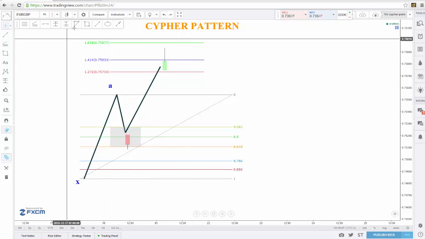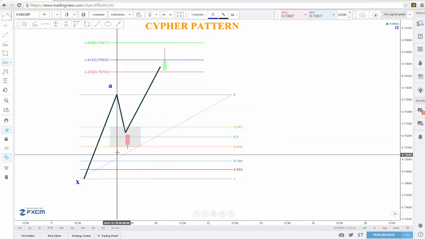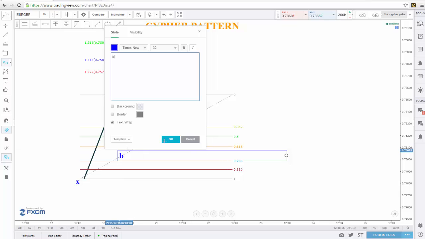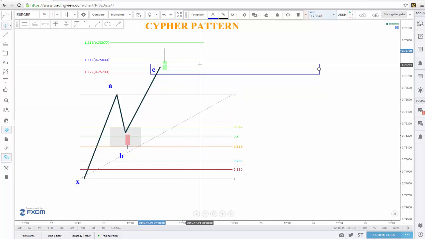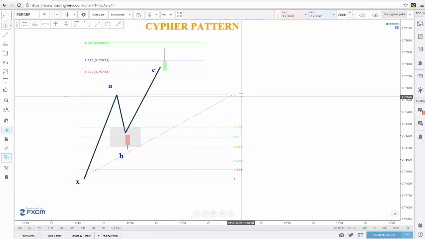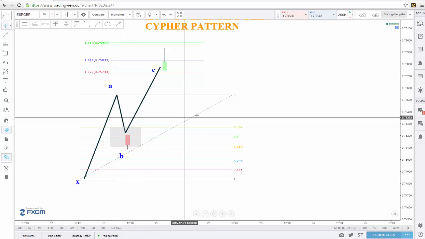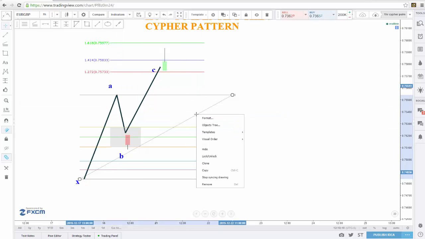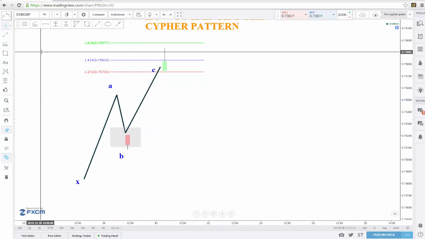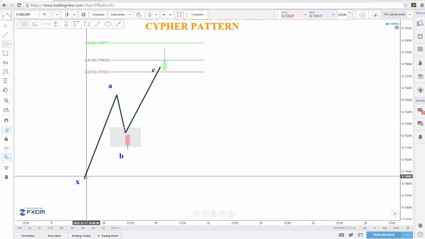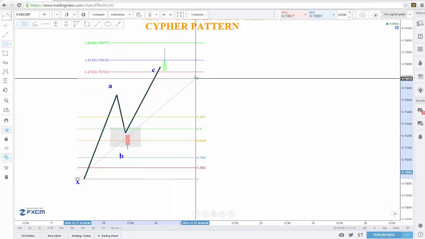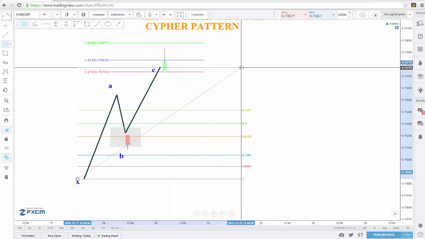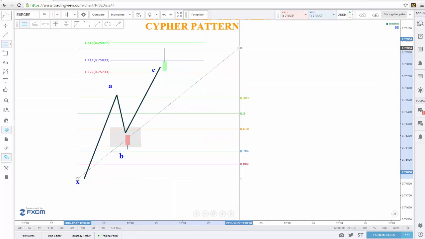And this creates the C leg of the move. Down here was B, and here is the C leg of the cipher pattern. The next step for the cipher pattern is placing the orders at the finishing point D. And the way we find finishing point D is a retracement from X all the way up to C. And what you do is you put it on the wick of the candle.